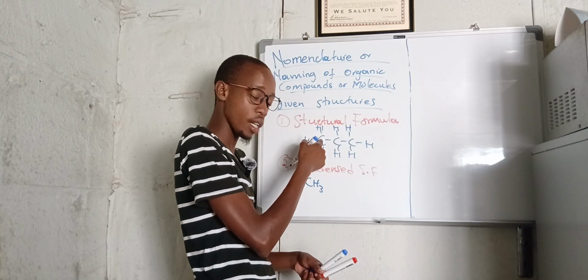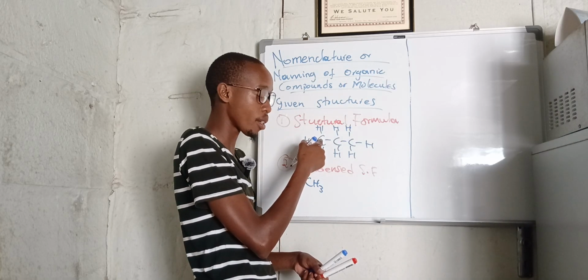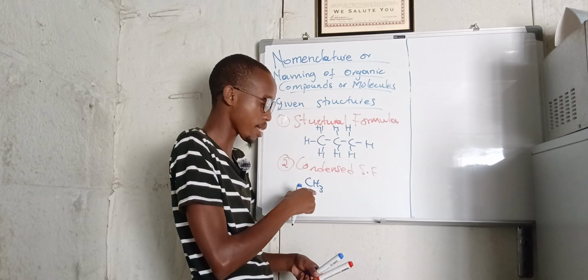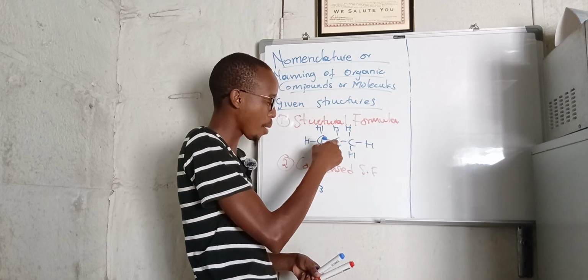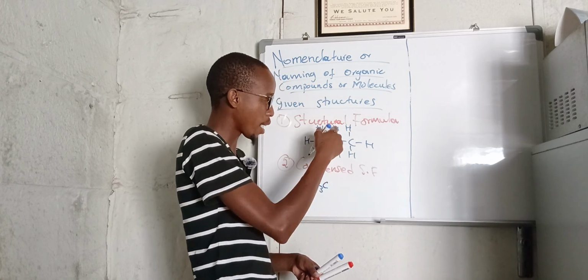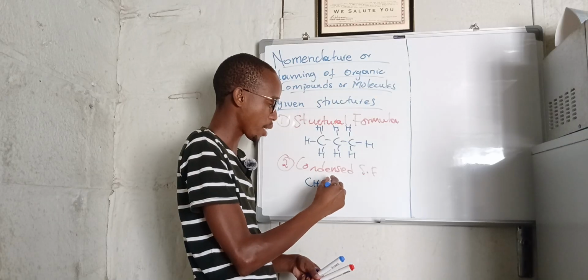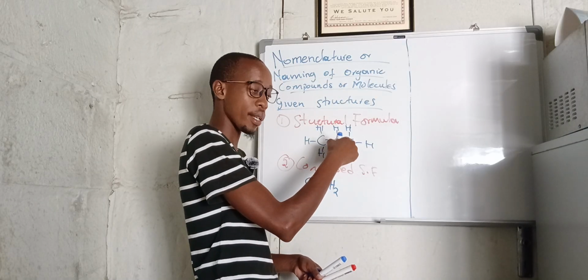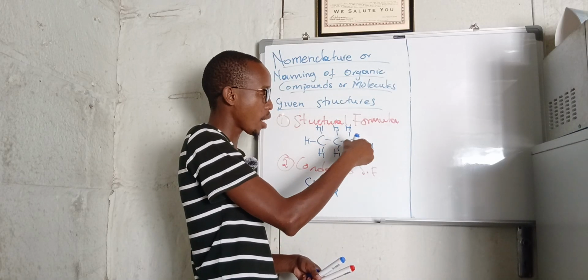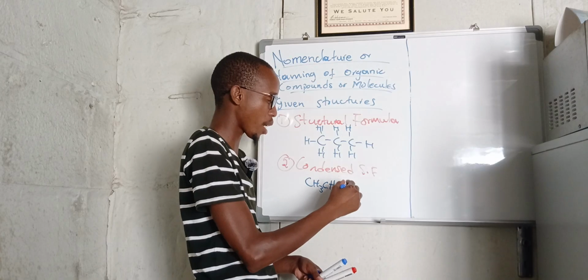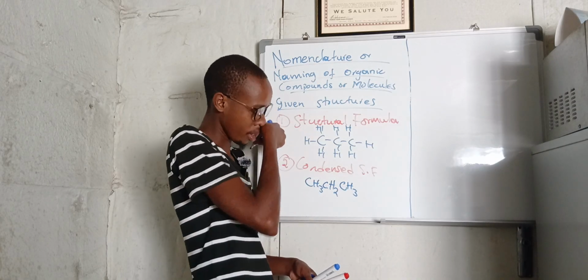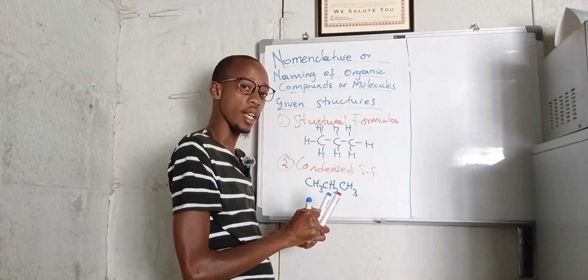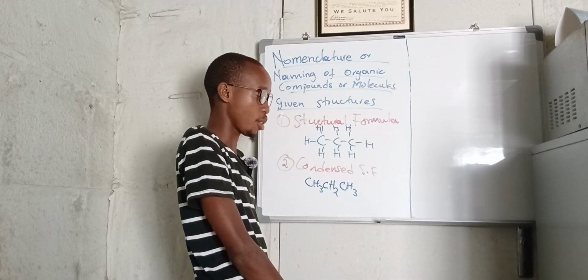There is one carbon. How many hydrogens are there on that one carbon? 1, 2, 3. Hence I wrote CH3. And then you have carbon number 2, you write C, and then how many hydrogens? You write H2. There's carbon number 3, you see there's C and 3 hydrogens, you're going to write CH3.